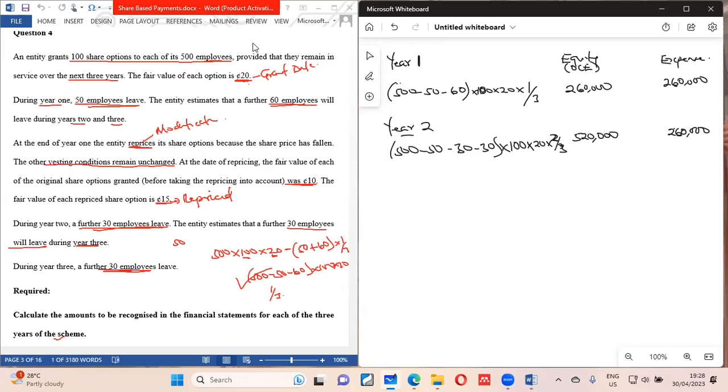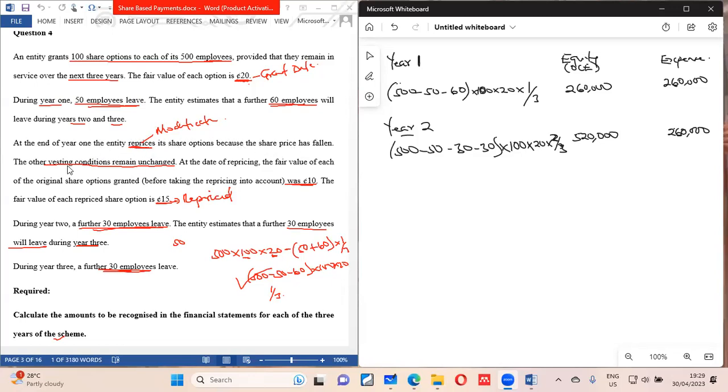Sorry, my internet messed me up. Has the modification begun? Yeah, we are now coming to implement the modification on the question in year 2. At the end of year 1 is when the repricing began, but it was at the end, so it doesn't affect the expense in year 1, because it says at the end of year 1 the entity reprices the shares.